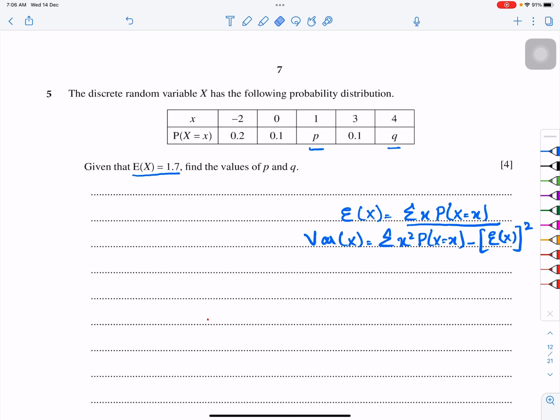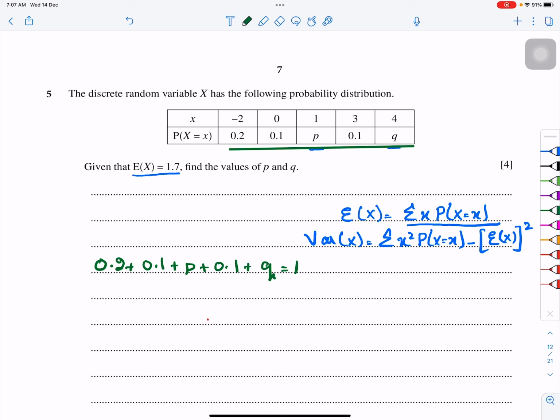Okay, so now let's start solving this question. So first thing I told you that the sum of the probability should be equal to 1. So the first equation I will get here is 0.2 plus 0.1 plus p plus 0.1 plus q equals 1, because sum of the probability is 1.